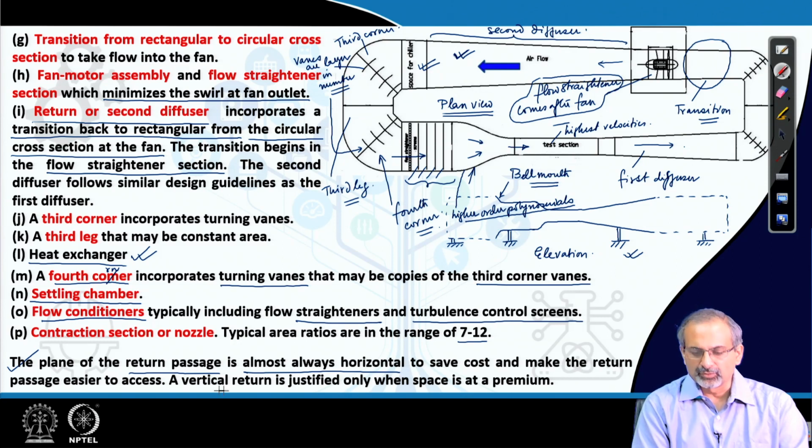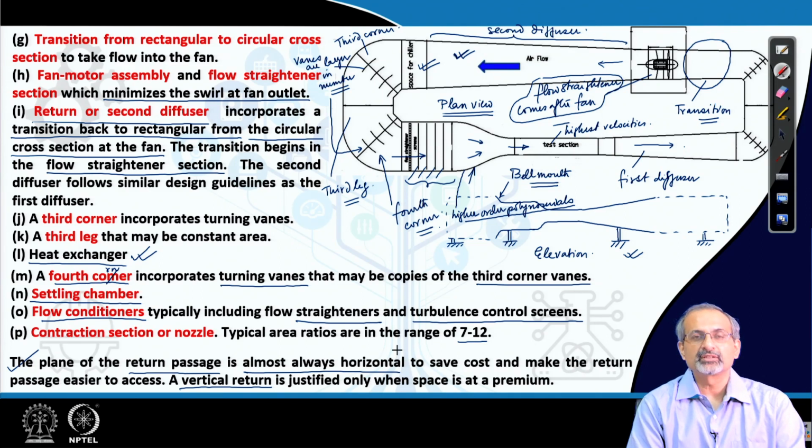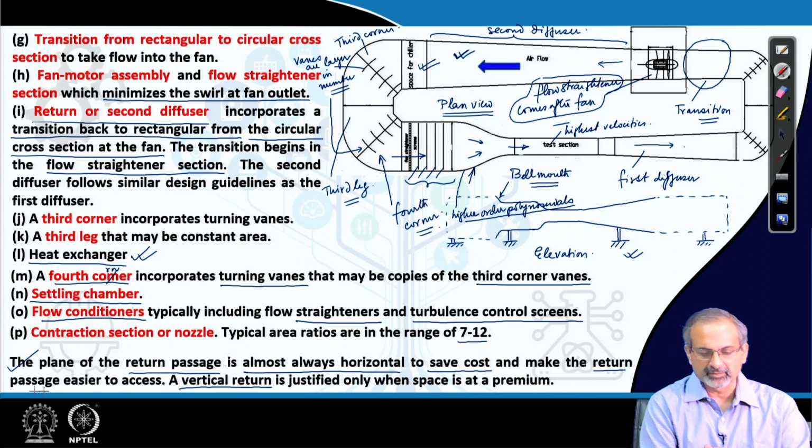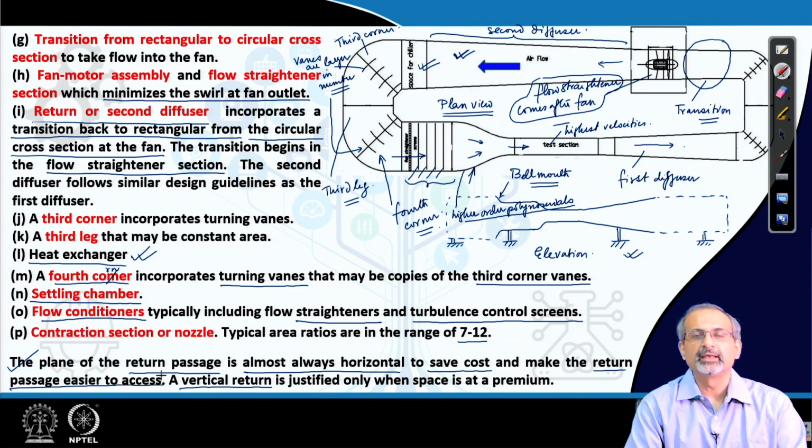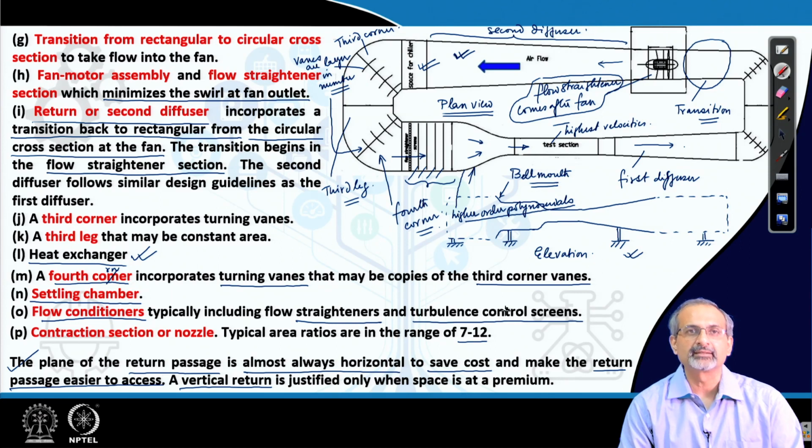Only very rarely do we make the return circuit vertical, but that too when space is at a premium and for smaller facilities. In most facilities where these constraints are not there, the whole setup is made horizontally oriented. It saves cost and also makes the return passage easier to access for the engineers and technicians who maintain the tunnel.